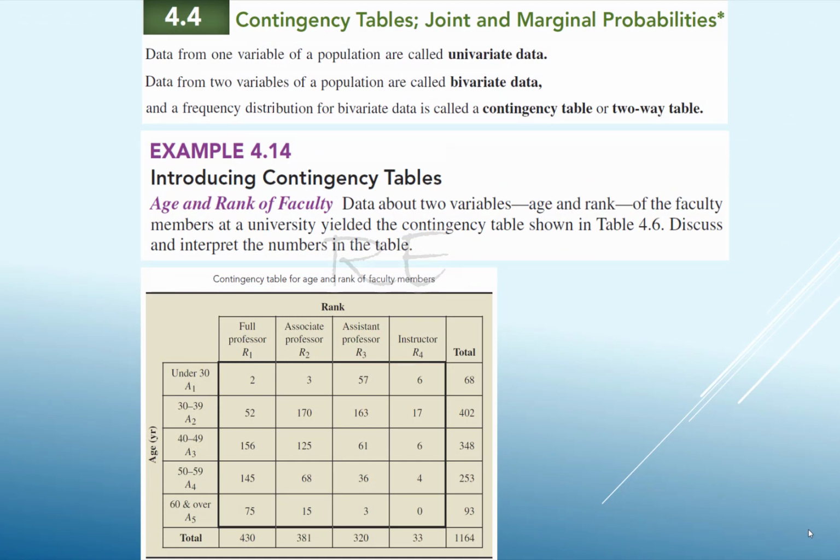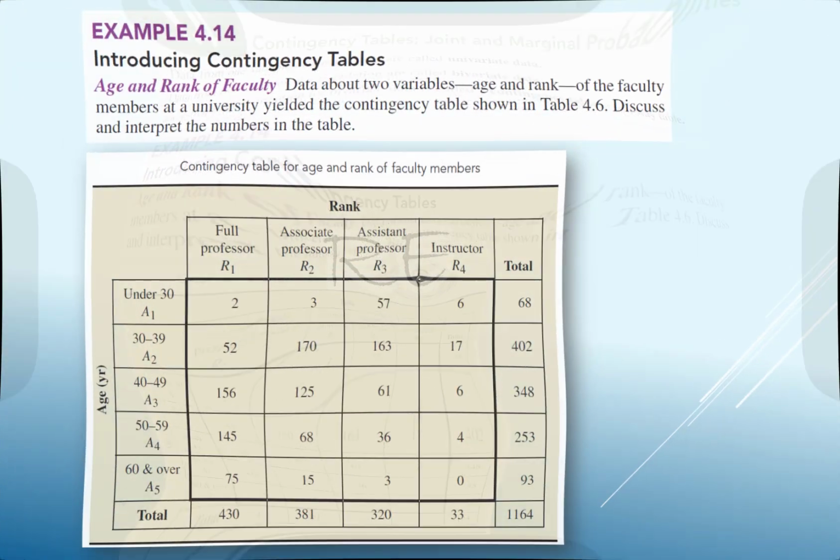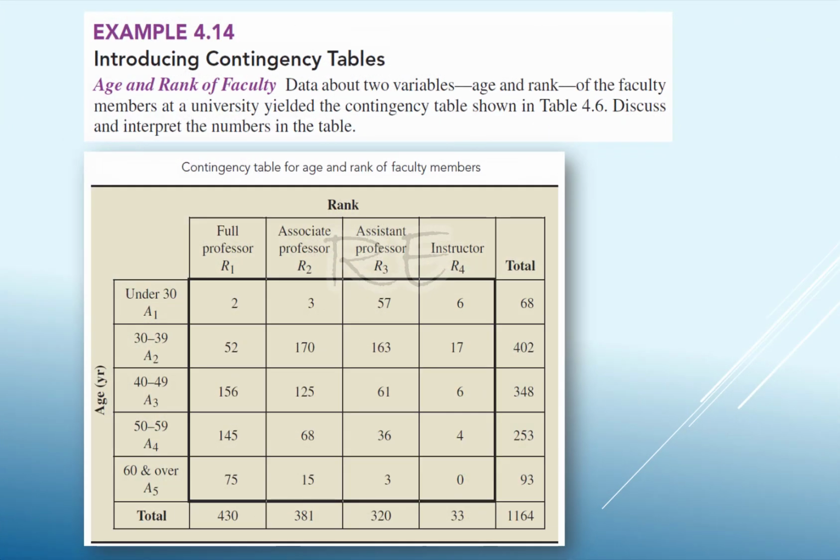This contingency table is about 2 variables: the age of the professors, the column, and the ranks of the professors, the row. The number of full-time professors that are under 30, A1 and R1, is 2.